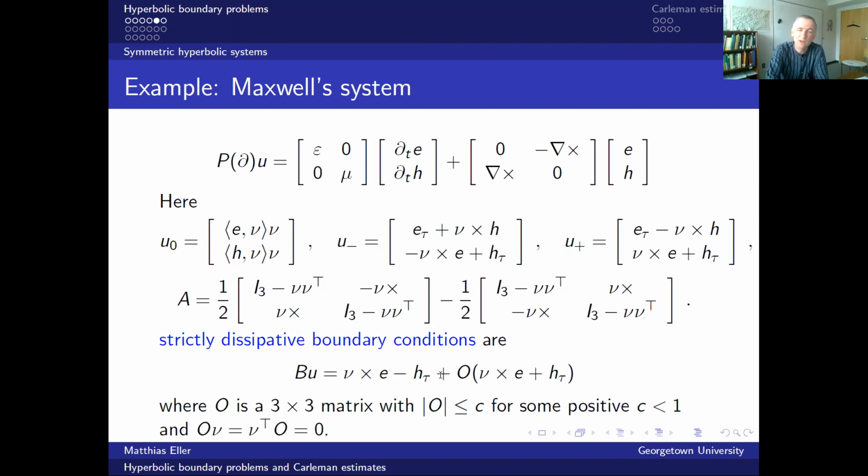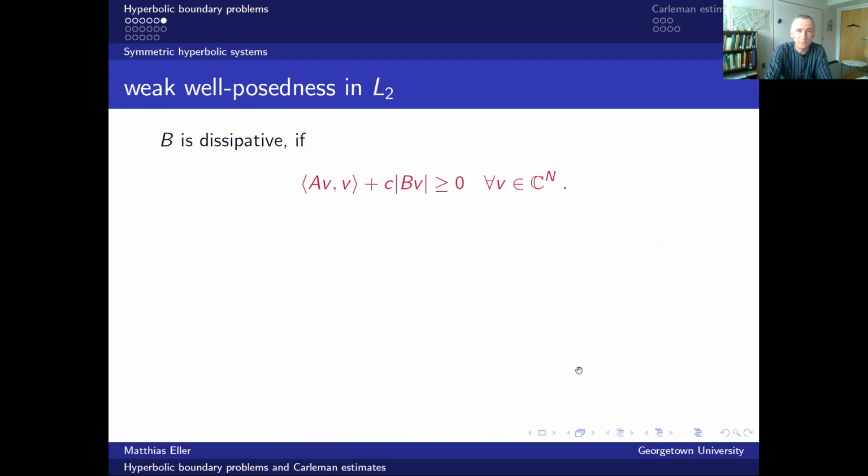That is even of importance in computations, because if I compute solutions for the Maxwell system in the unbounded space, I have to bound it somewhere, and then this boundary condition is the best first order approximation of Silver-Müller. Okay, so now I can weaken this a little bit, and just work with dissipative boundary conditions, not strictly.